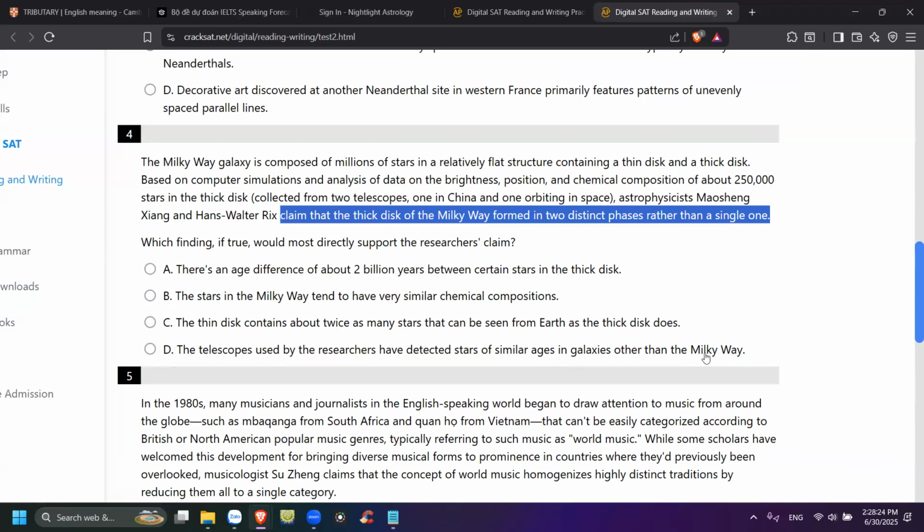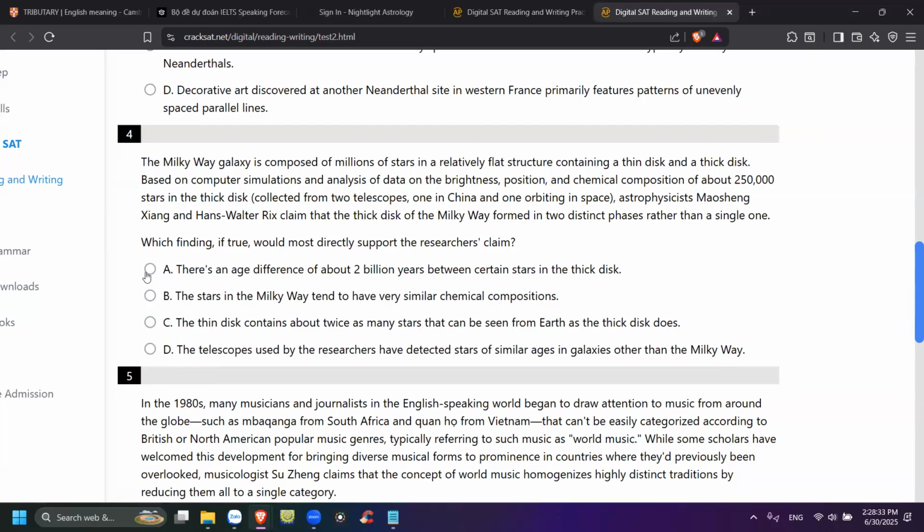D, similar ages other than the Milky Way. So it's basically not related. That's why I didn't find any. Yeah, it's A. Why? There's an age difference of about 2 billion years between certain stars in the thick disk. So in the same thick disk, if there is a 2 billion year difference between certain stars, it explains that some stars are older and some are much younger, right?